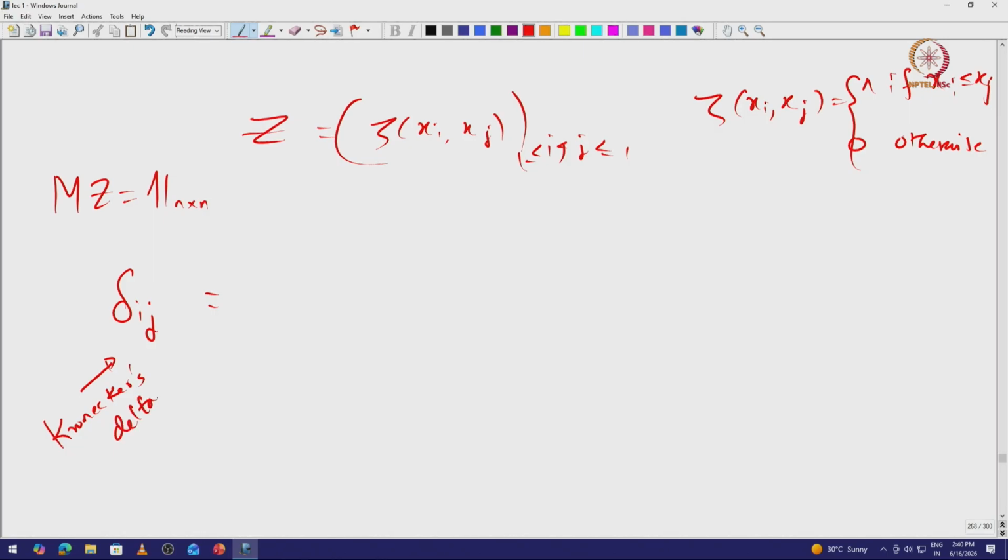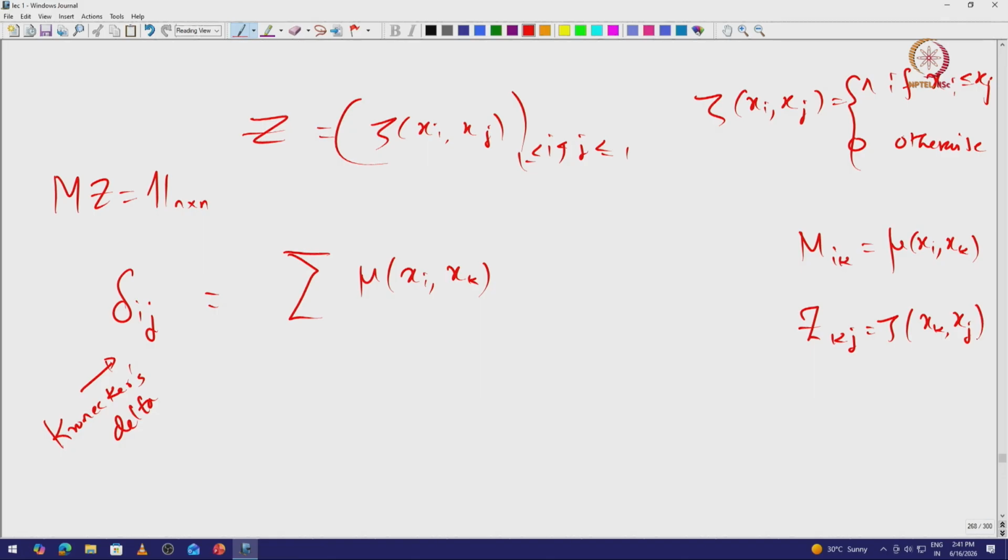Now this delta ij will be given by the summation of the entry mu of x_i x_k, which is the ikth entry of m, and then similarly the kjth entry of z is nothing but zeta of x_k x_j, where k runs from 1 to n. So, this is what we get from the identity mz equal to identity.